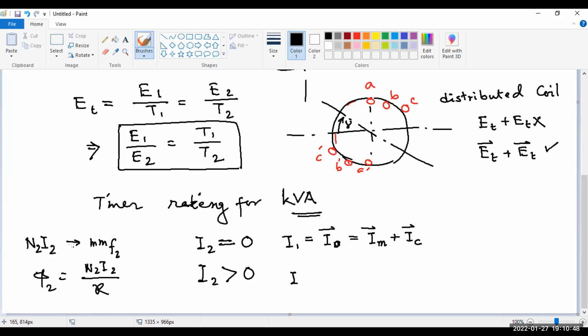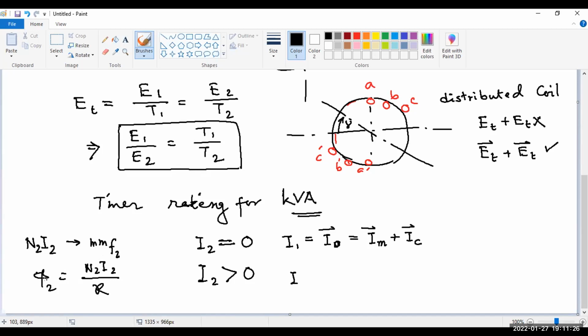Now the question is, phi 2 will be generated by the newly formed MMF, but in which direction? That is given by Lenz's law. The result always tries to oppose its root cause. So what is the root cause here? Not N1 I1 directly.